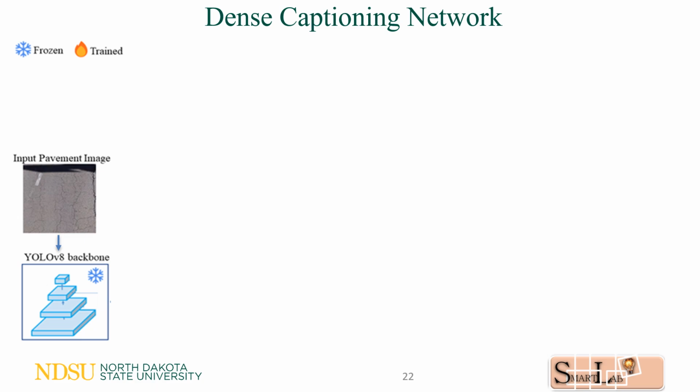The reason why we're using the YOLO backbone is to use the retained features from the YOLO algorithm. So we pass the input pavement image to the YOLO backbone to get the feature maps.